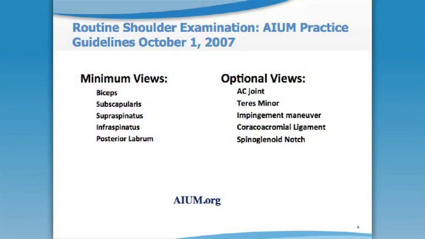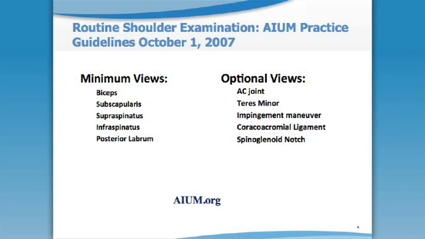Anyway, the disciplines that were interested in musculoskeletal came up with these minimum performance guidelines for the shoulder, which included looking at the biceps tendon, the subscapularis, supraspinatus, infraspinatus, and posterior labrum, with optional views to include the AC joint, the teres minor, looking for impingement with some dynamic maneuvers. You can see the coracoacromial ligament, but it's not part of the complete study.